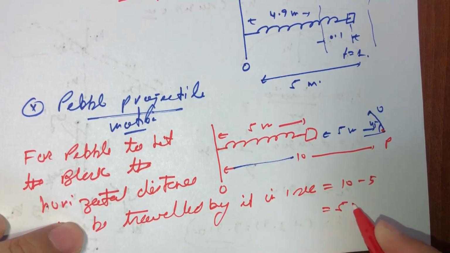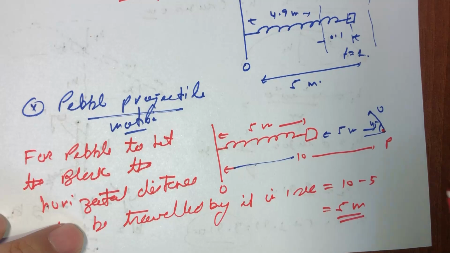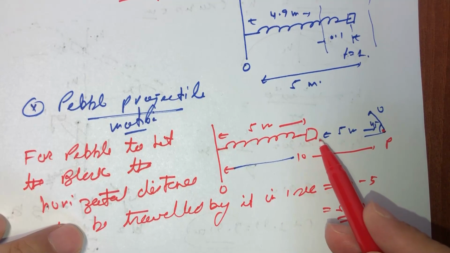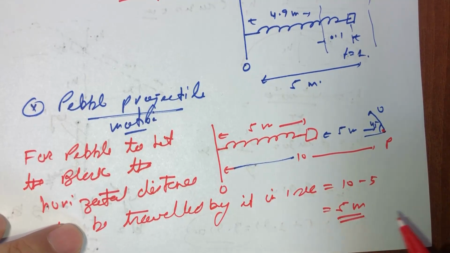This will be equal to 5 meters. So the distance the pebble has to travel so that it is able to hit the block is only 5 meters, and it has to be covered in 1 second.